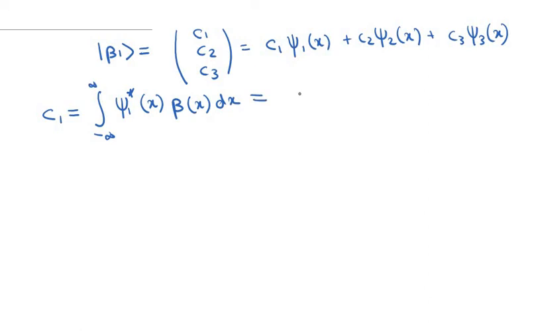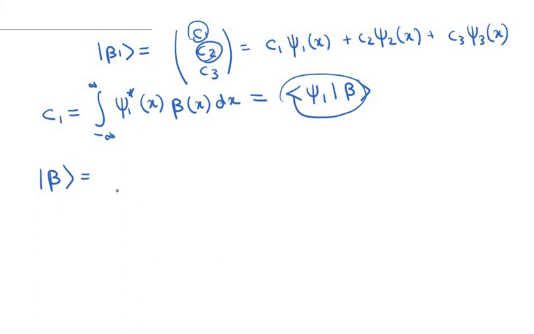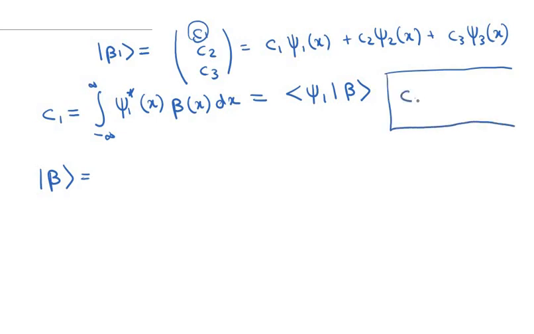In Dirac notation, this becomes the bracket of psi 1 and beta. It can be generalized: Cm is equal to the bracket of psi m and beta.